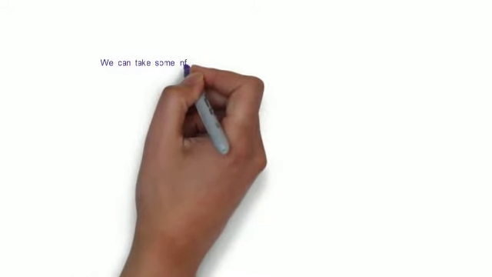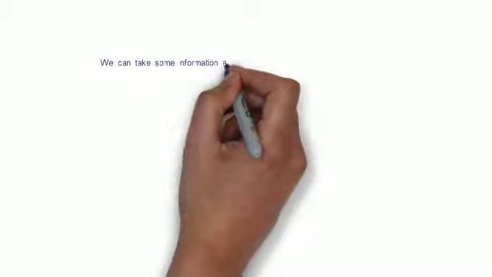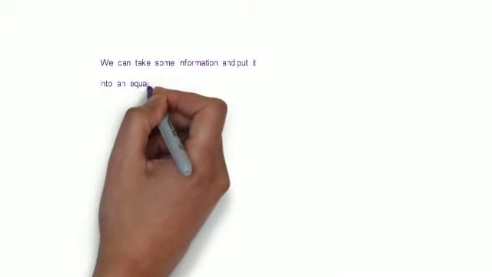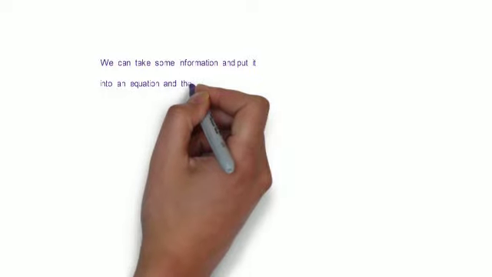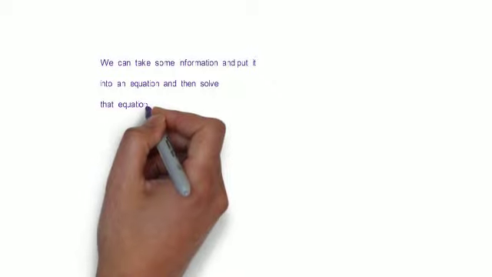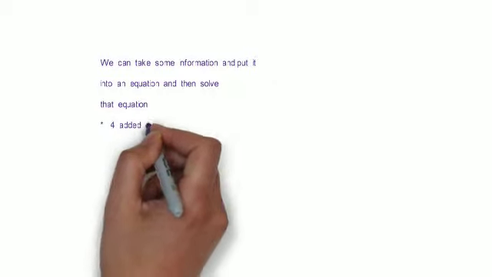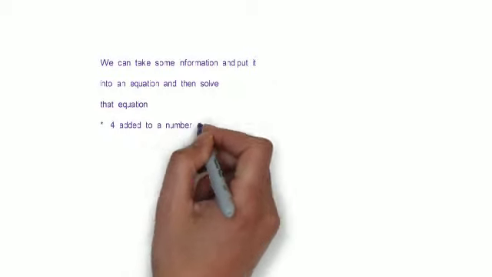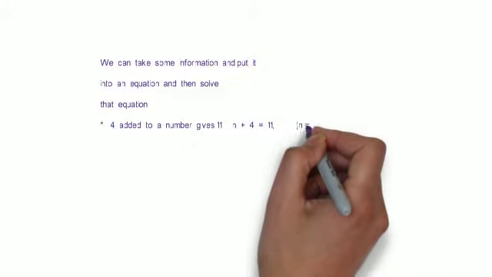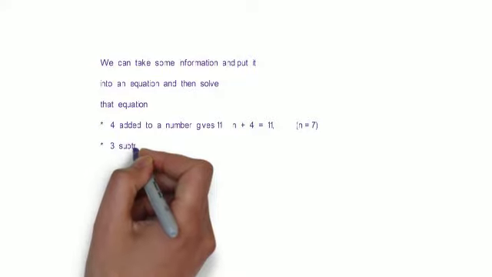We can then move on and take some information that we're given and put that into an equation and solve that the same way by inspection, and then we check. So in some instances we're given 4 is added to a number to equal 11, and therefore n plus 4 equals 11, n equals 7.